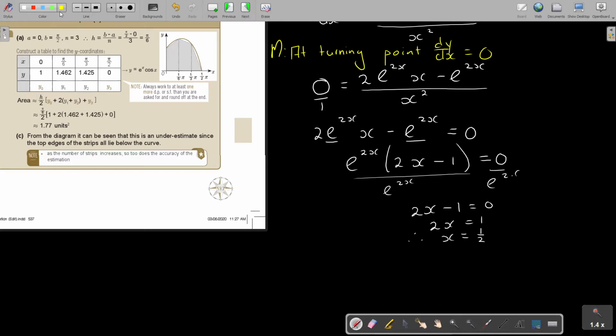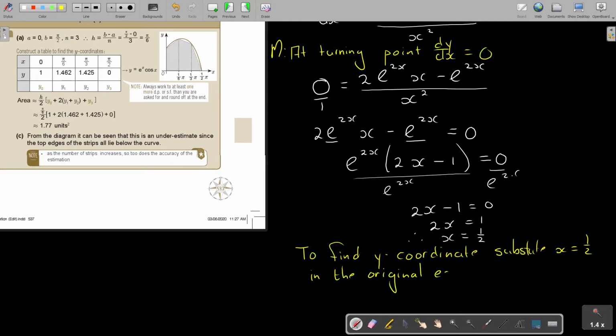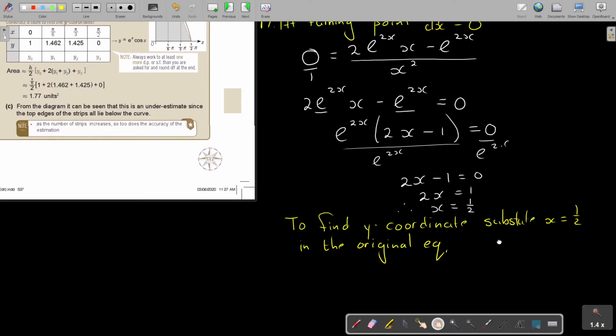So let's go on to find the y coordinate. Substitute x equals a half in the original equation. Okay, let's do that.